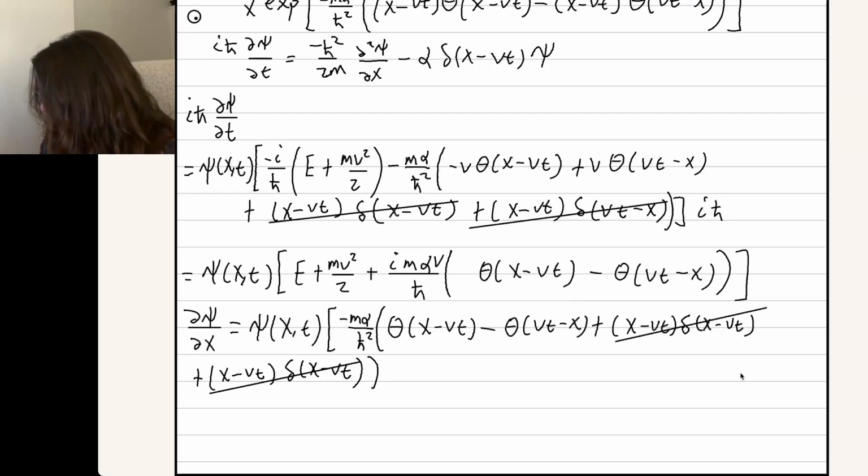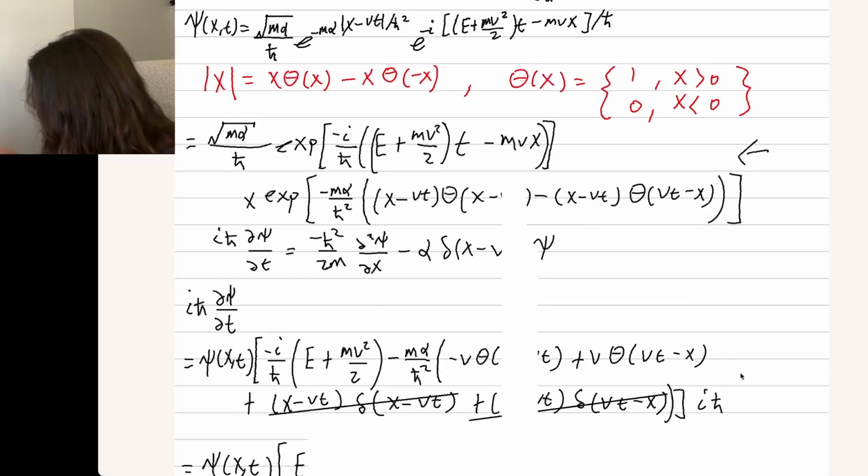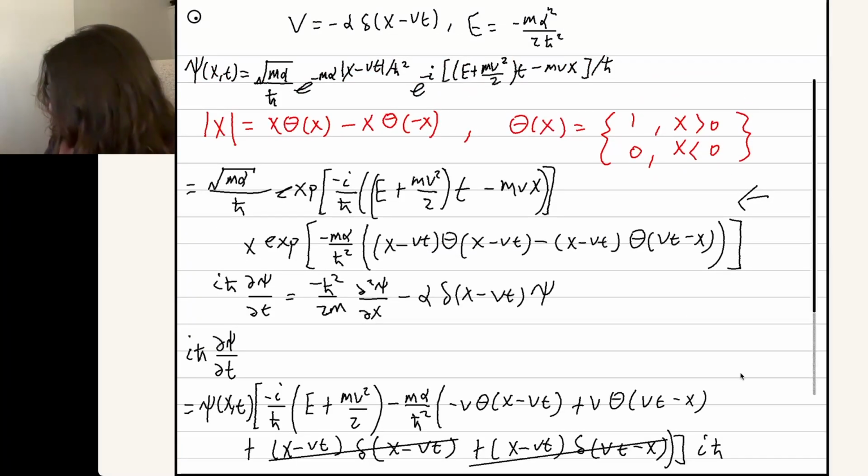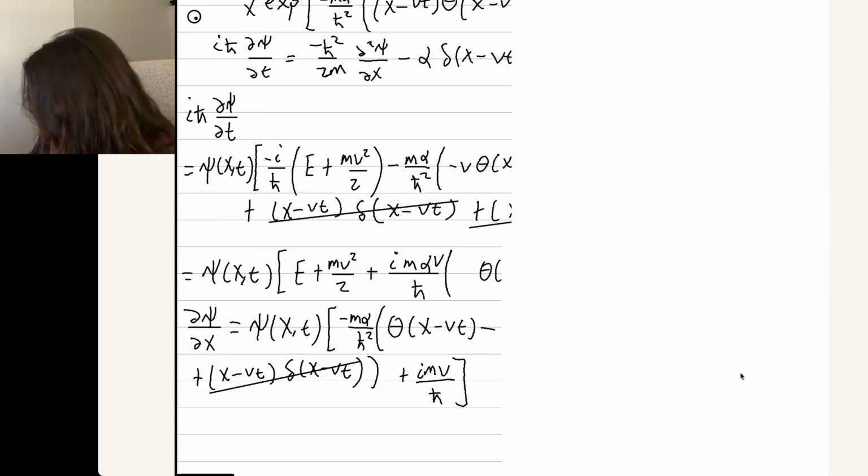And then you also get the terms which came from the imaginary term, which honestly isn't that big, because it just ends up being plus i m v over h bar. The only thing which depends on x in this whole term is minus mvx, so you just get plus i m v over h bar.